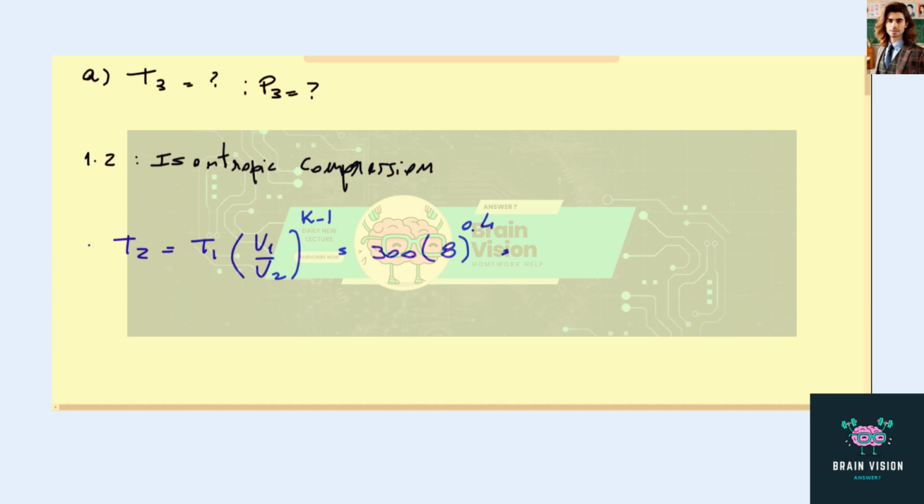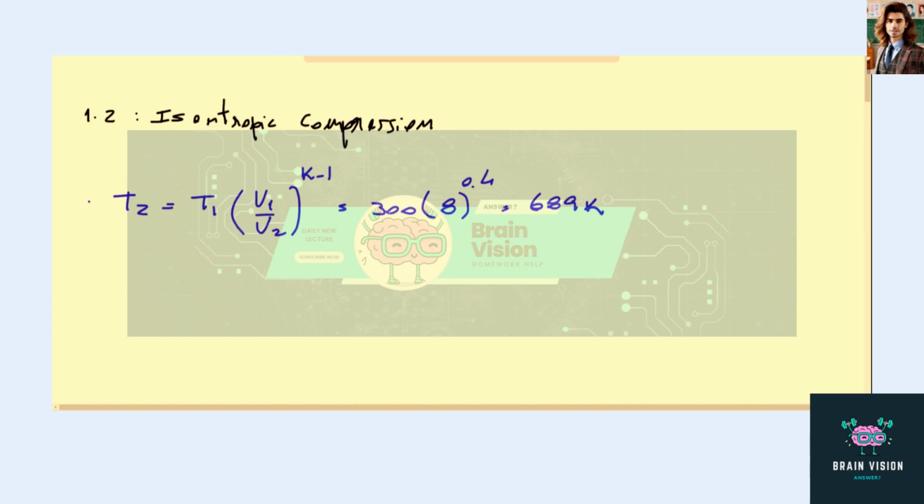And that gives us a temperature T2 of 689 Kelvin.